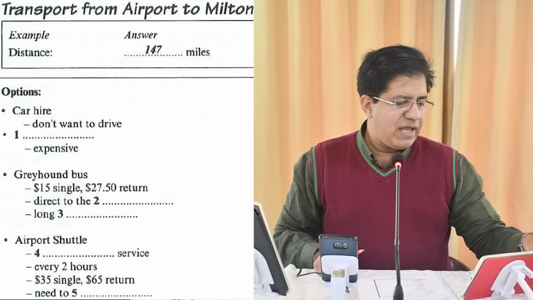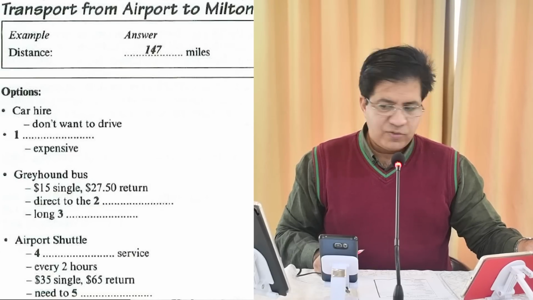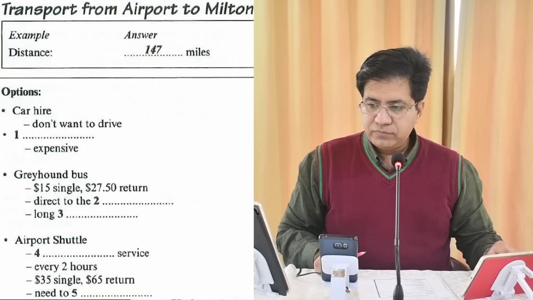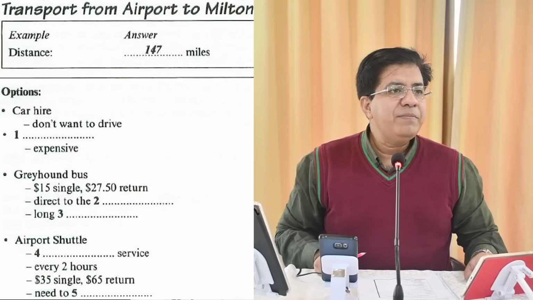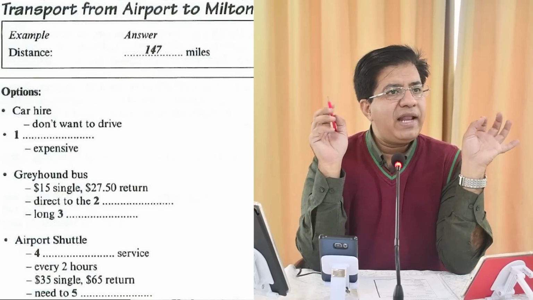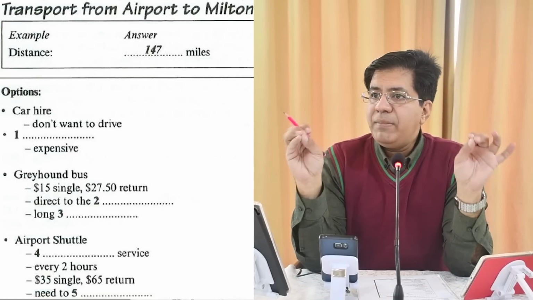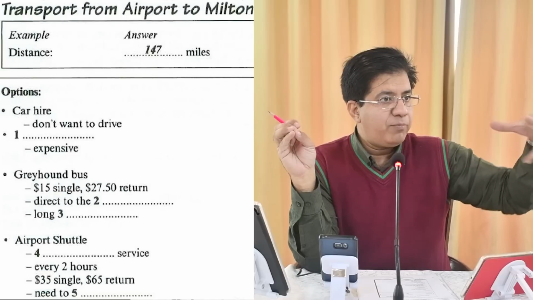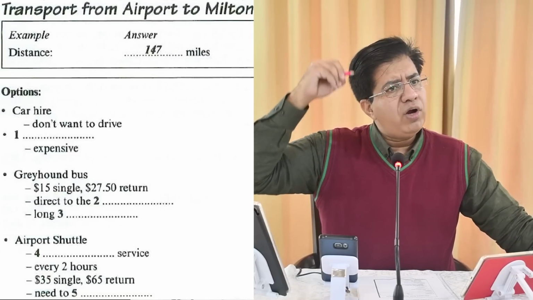Well, options. Everyone please come to options. I'm going to make the screen even bigger so that you can see it clearly. The first option is car hire. What does that mean? Rent a car. Remember, where there is no question, for example, just underline one word over there and move on to the next one.